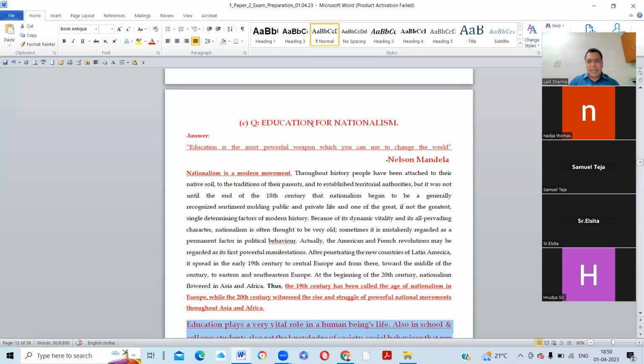Guys, now you have to understand this is about education for nationalism. Whether we are teachers or principals, we are educating the students in the values of nationalism that our constitution says. We get these things through education.